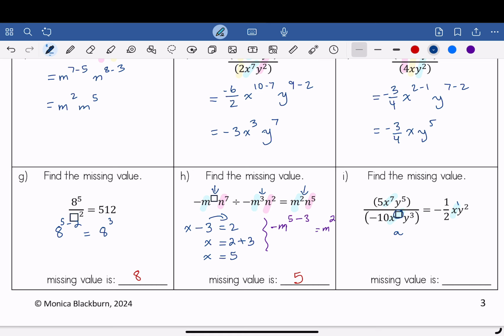So we know that 7 minus a is going to give me 1. Therefore, 7 minus 1 is equal to, I'll move the a over, a, which is 6. Therefore, my final value is 6.